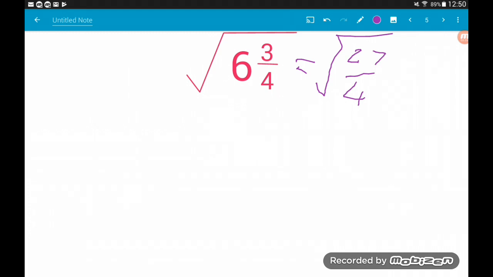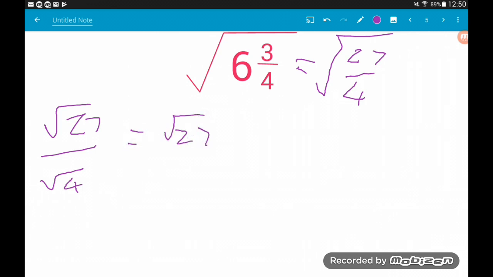Okay, so now we want to simplify as much as possible the square root of 27 over 4. So if we've got the square root of the whole fraction 27 over 4, we can think of that as being root 27 over root 4. Now quite nicely on the bottom at least, the square root of 4 is 2.